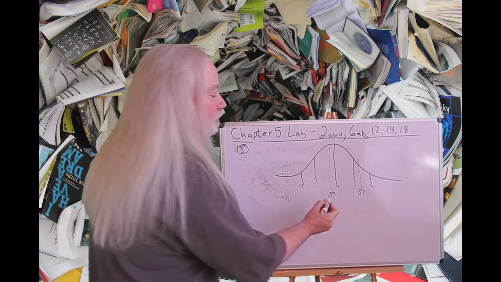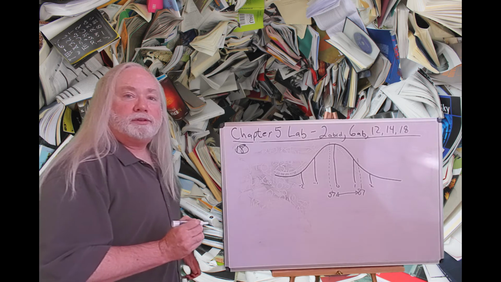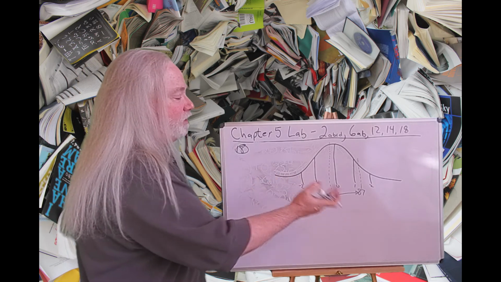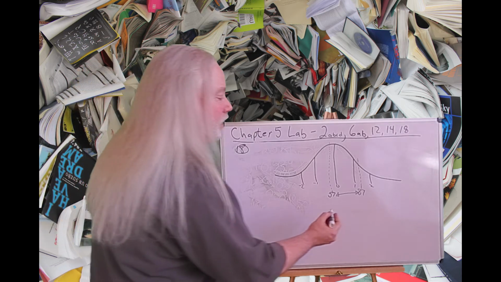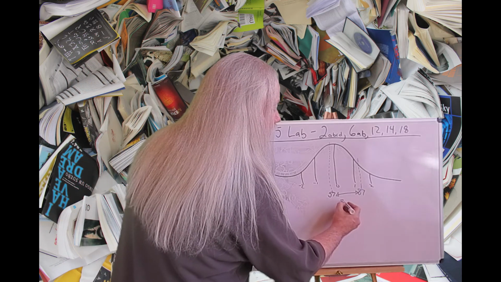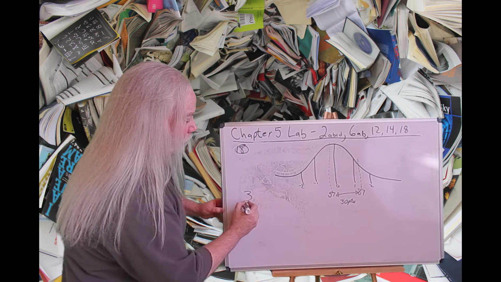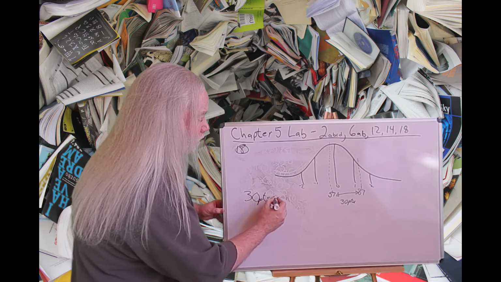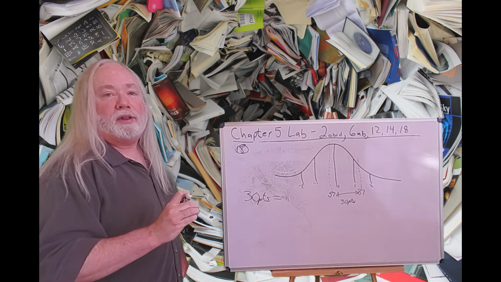So let's start by asking ourselves, how far apart are these two scores? Well, the high score is 87, the low score is 57, so these two scores are 30 points apart. Now, how many standard deviations apart are they?